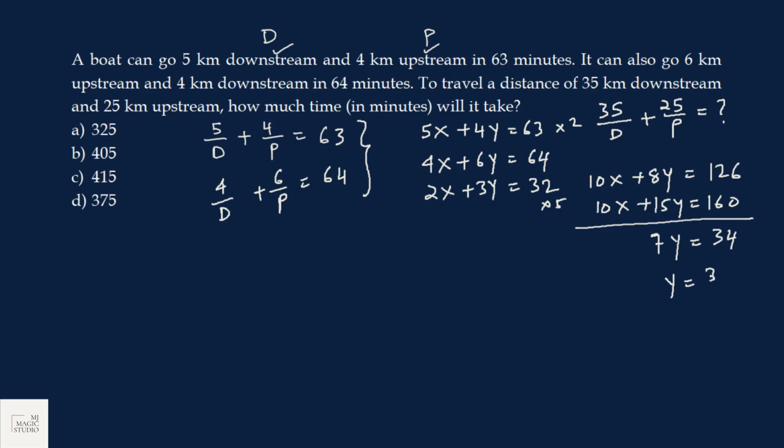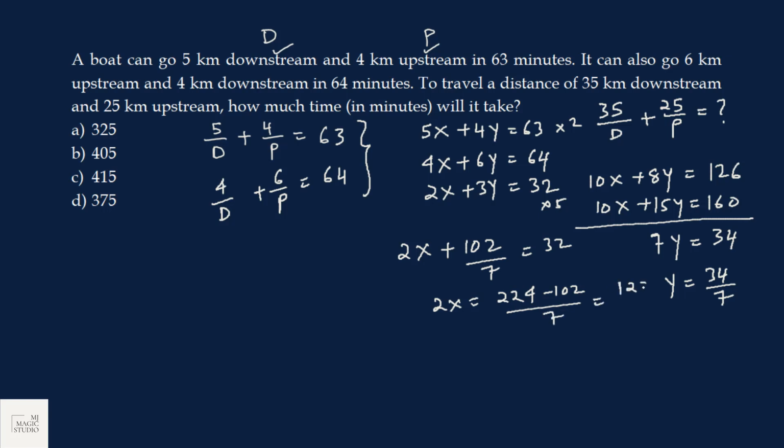Yes, so value of y is 34 by 7. Let me use it here. 2x plus 3 into 34, that is 102 by 7, equals 32. 2x is 224 minus 102 by 7, that would be 122 by 7. So x is 61 by 7.